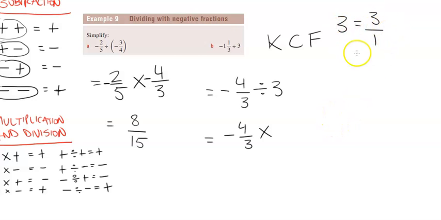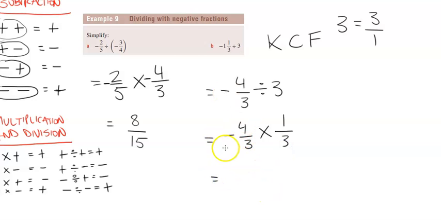Because technically this means the same thing. Because 3 over 1 is just saying how many 1s go into 3? Well, that's 3. So I've manipulated this 3 to make it look like a fraction. And we are going to be flipping 3 over 1. So if we flip 3 over 1, that just becomes 1/3.